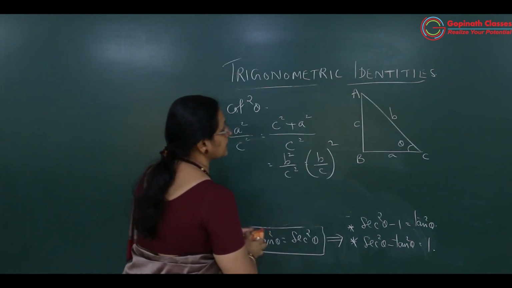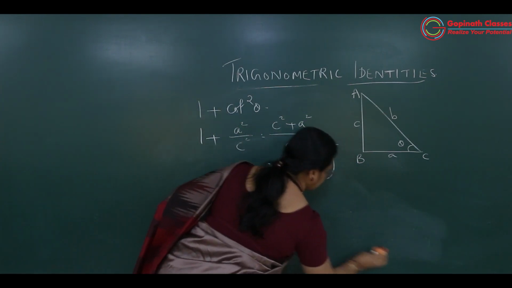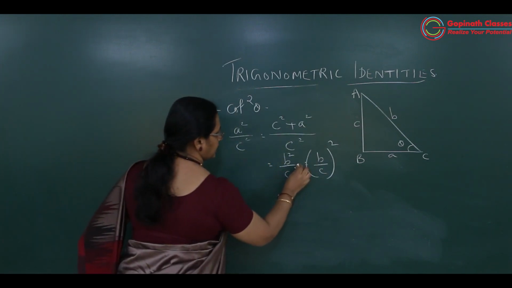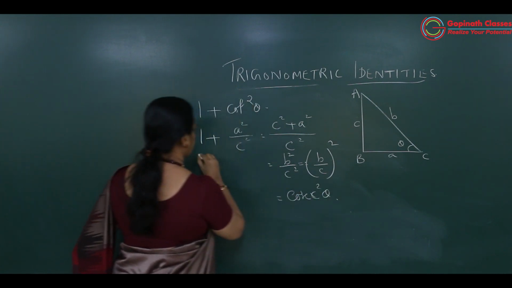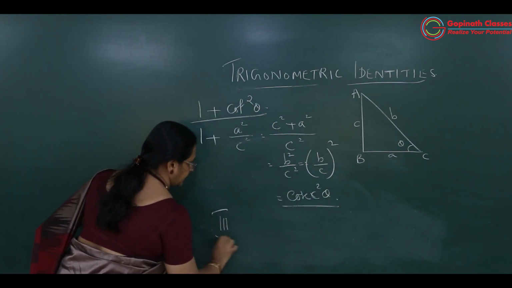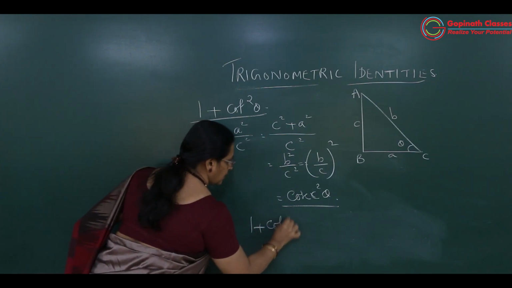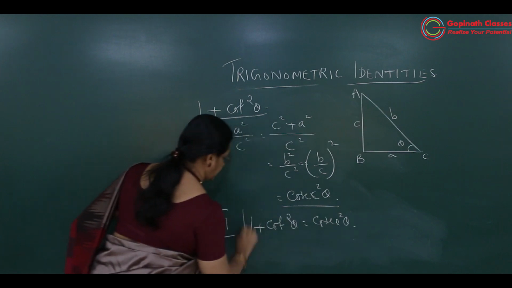What is b by c of theta? Theta's b by c is nothing but cosec theta. So I am getting cosec square theta. So I am getting the next identity, nothing but the third identity: 1 plus cot square theta is equal to cosec square theta.